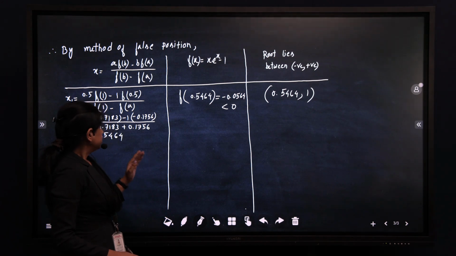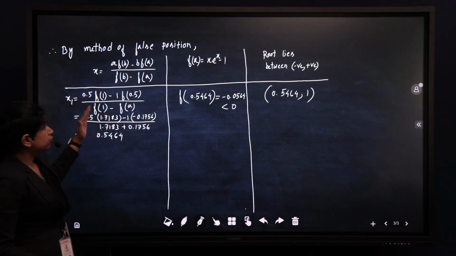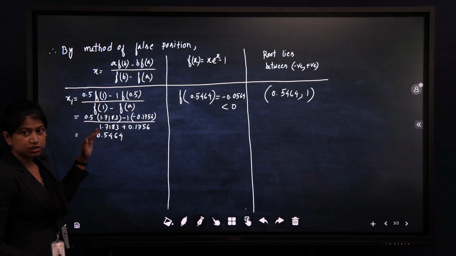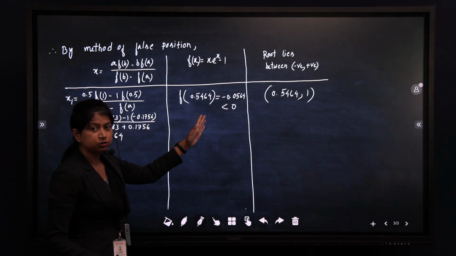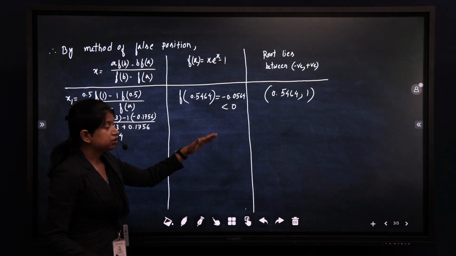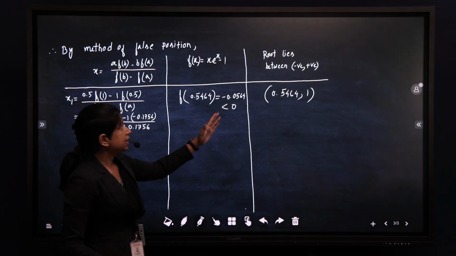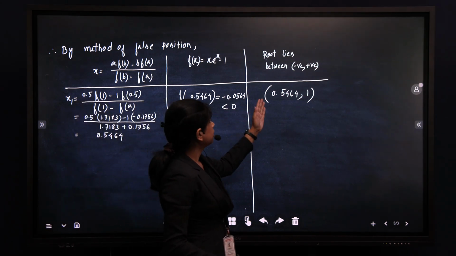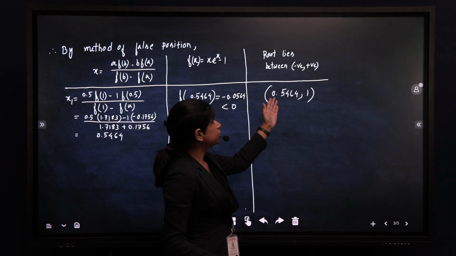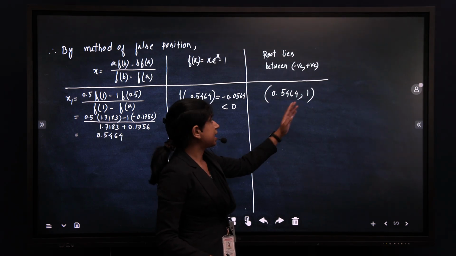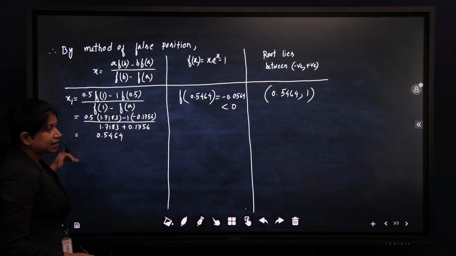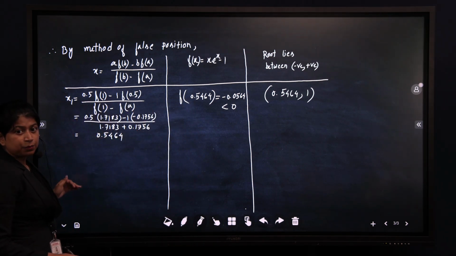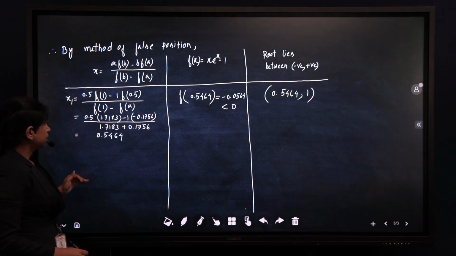We know that f of 1 was positive and f of 0.5464 is negative. So by intermediate value theorem, the root lies between 0.5464 and 1. Likewise, we will get the other approximations also.